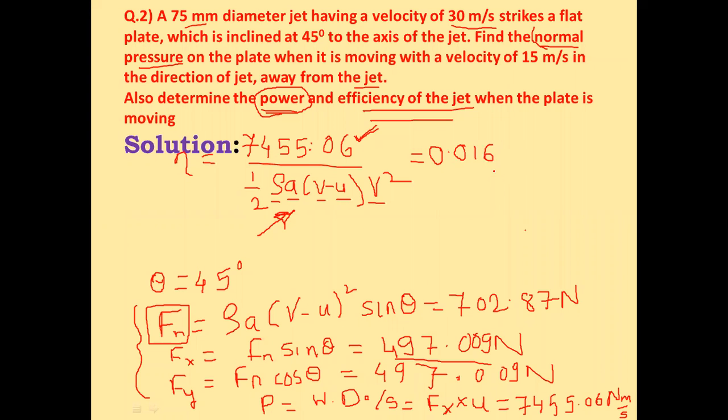Or 1.6% is the amount of work done, which is the least amount of work done. We should get a value close to 100%, but here the work done is only 1.6%.